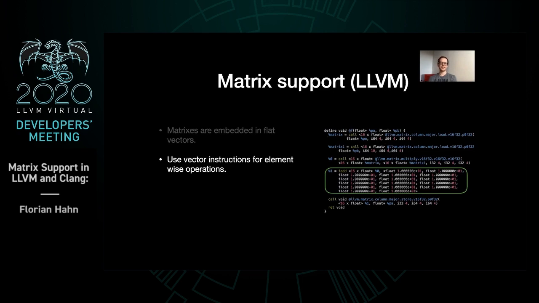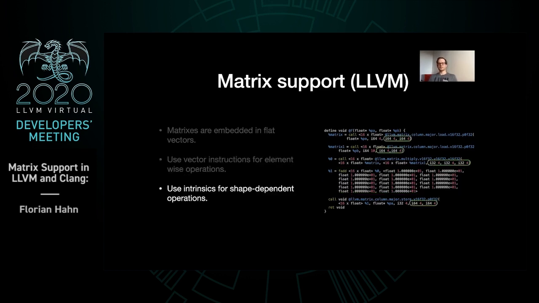This conveniently allows us to reuse the existing LLVM vector instructions for element-wise operations. So for example, our element-wise addition can be lowered directly to an LLVM fadd instruction. And for scalar operands, we can just use scalar LLVM vector constants.